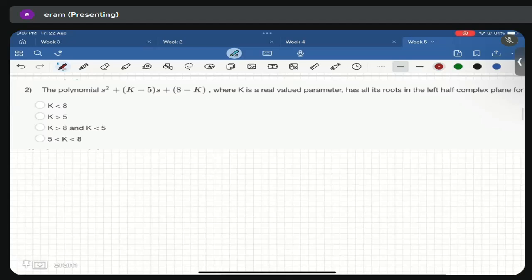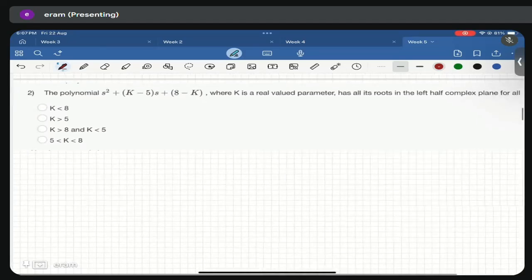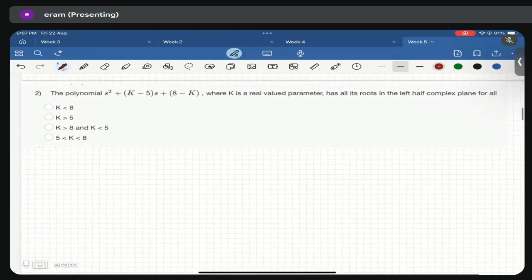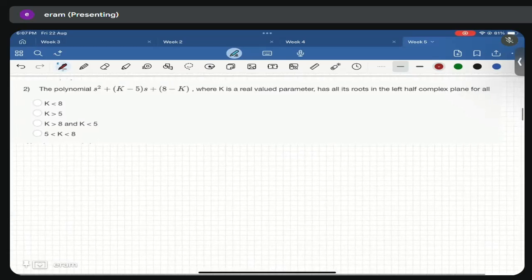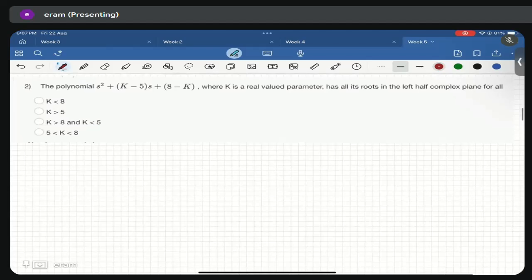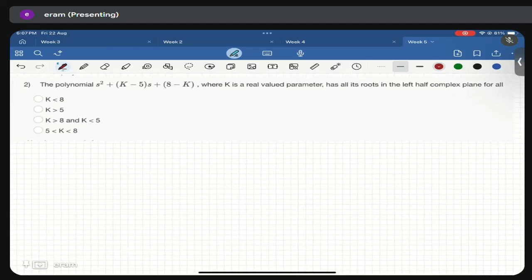For this polynomial, find the range of k for which all the roots will lie in the left half of the complex plane. Find out the range of k.